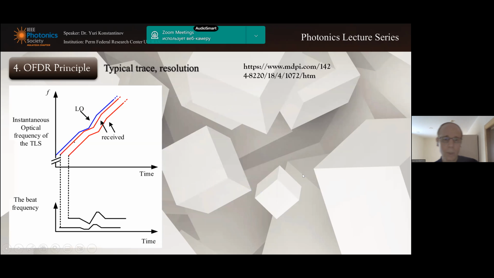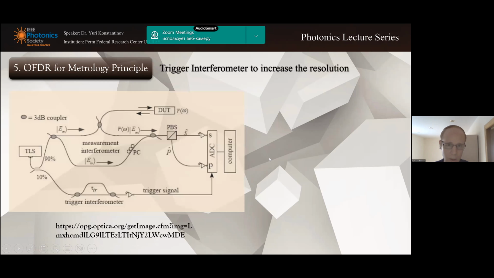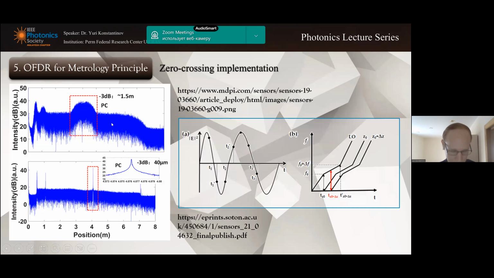In reality, the laser frequency sweep is not strictly linear. So I will go forward a bit, and I can show you that if we use just a simple tunable laser source without any corrections, we can see that this PC connection is about 1.5 meters.